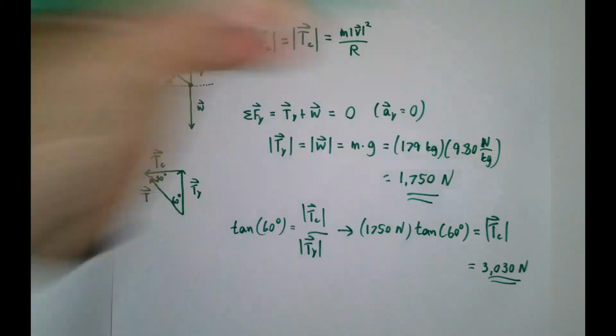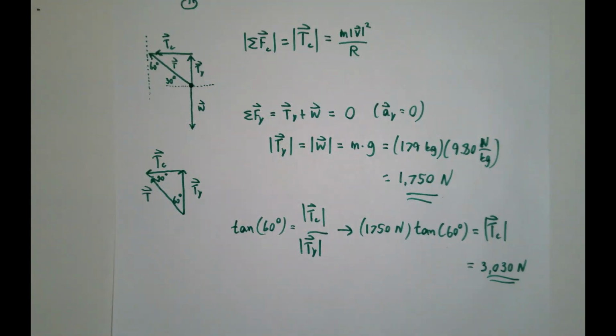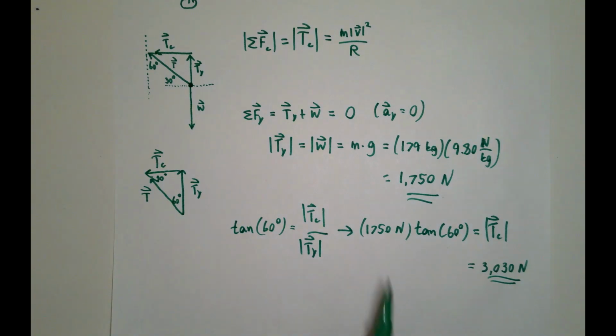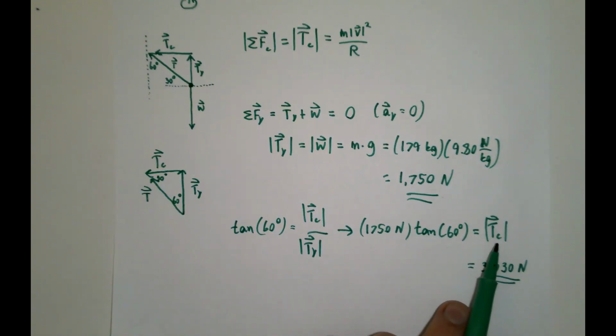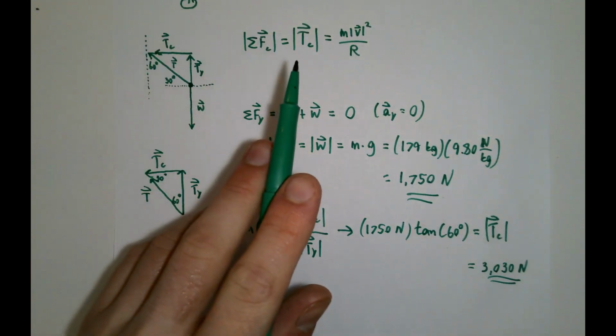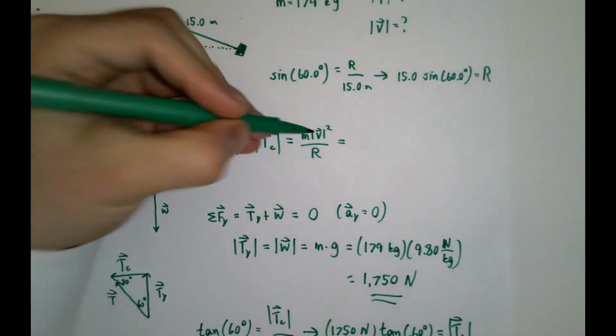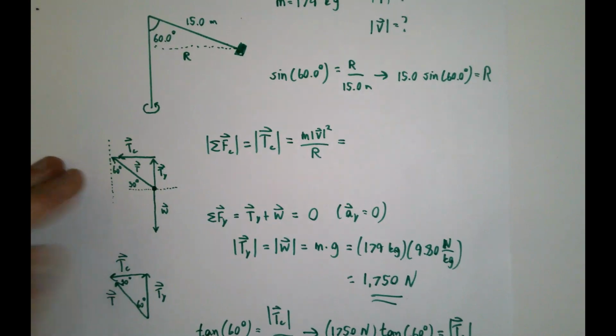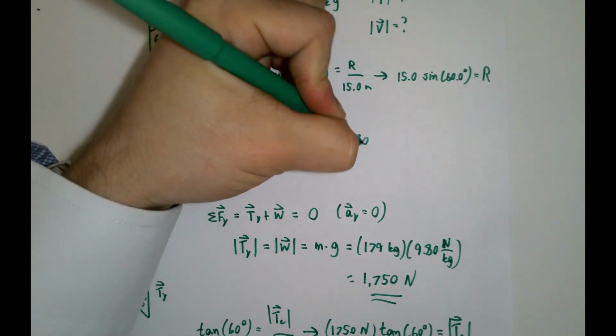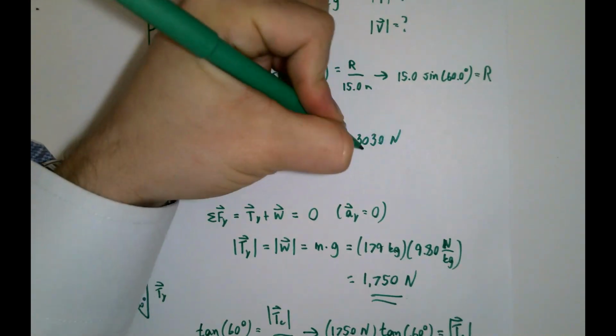This is the centripetal tension component, so I can relate it back up here. I'll go back up and say that this whole mass times my acceleration, my speed squared over r, is equal to 3030 newtons.